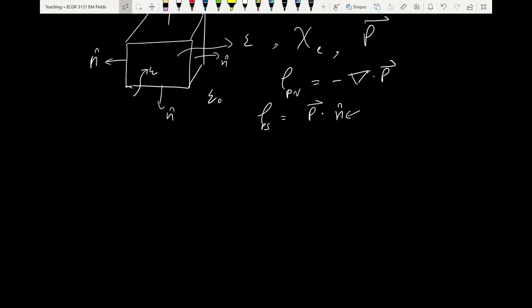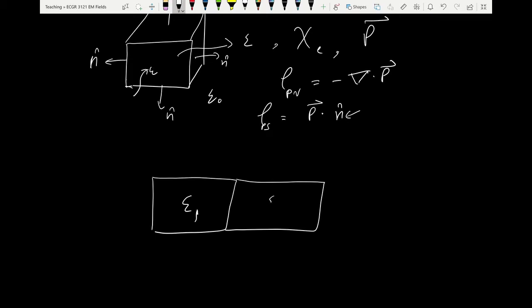Within the confines of the theory, we could have a certain medium with a permittivity of epsilon 1. Then we will have another medium adjacent to it with a permittivity of epsilon 2, and there is an interface, a boundary between them.